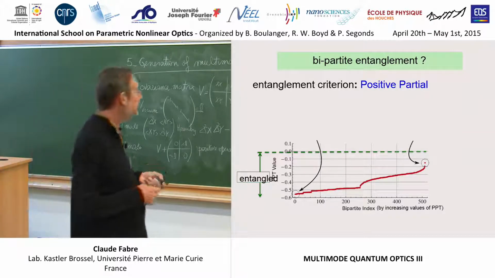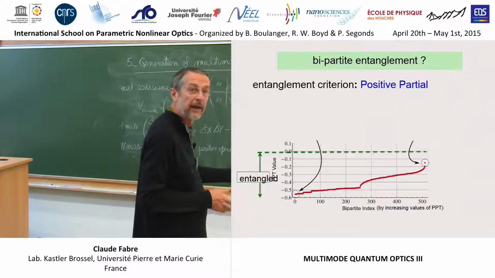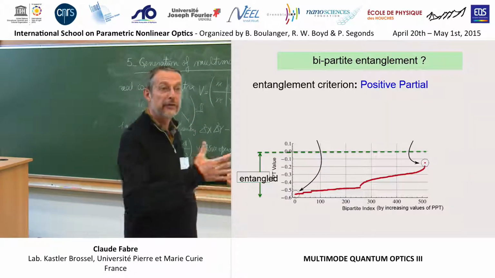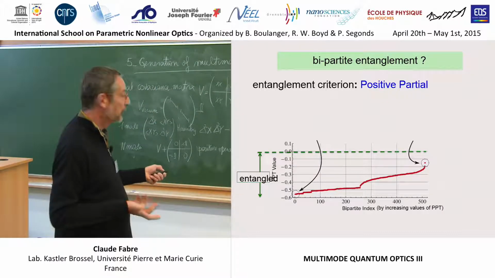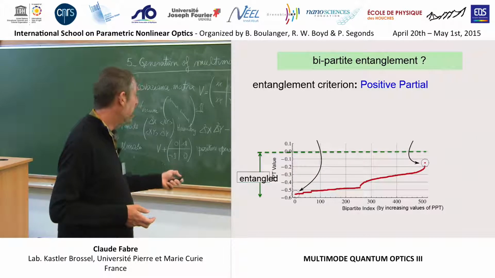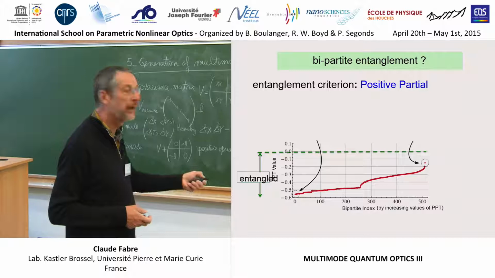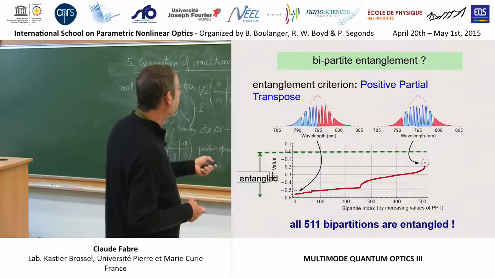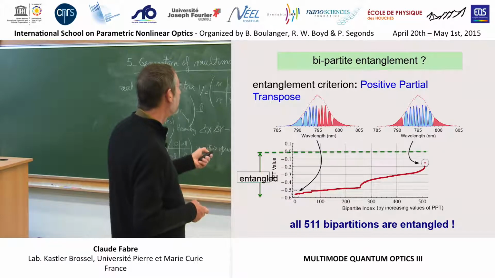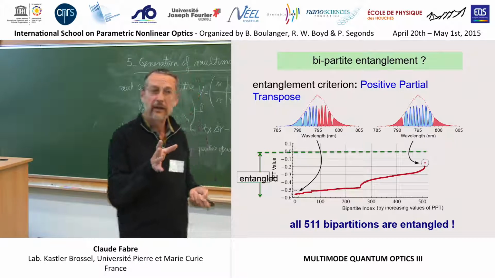Here they have just been ordered by values of the PPT eigenvalue. But we can look at what is the bipartition corresponding to that, and what is the bipartition corresponding to the other. So this one is the low wavelengths against high wavelengths bipartition, which makes sense.